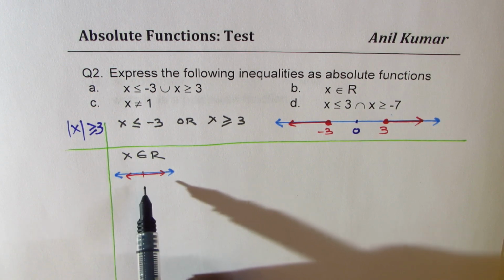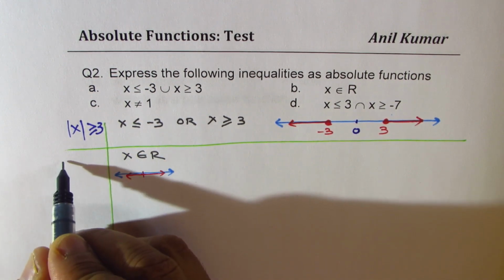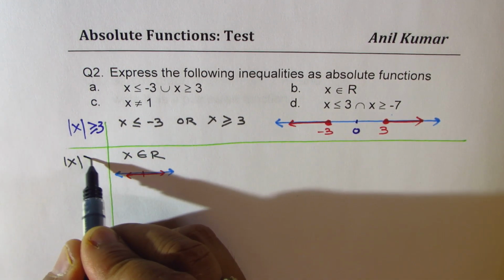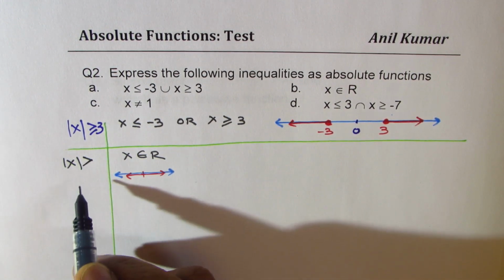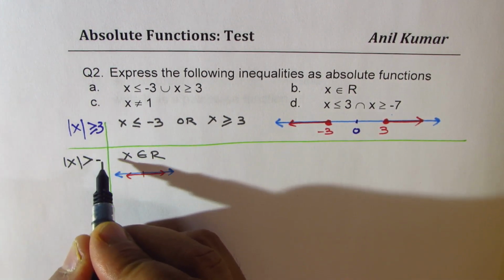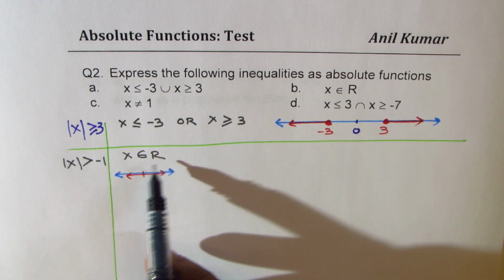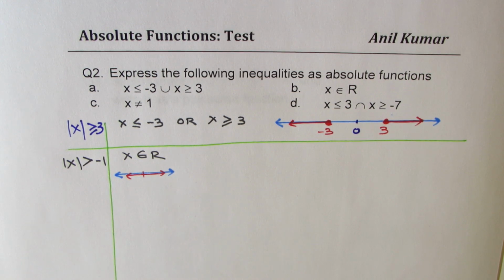Well, one way is to say that absolute value of x is greater than, let's say, any negative number. Let's say minus 1. Now, you know, absolute value is always positive, so that helps. Do you see that? So you could easily do it in this fashion. Correct?